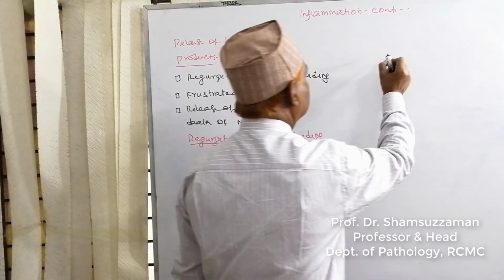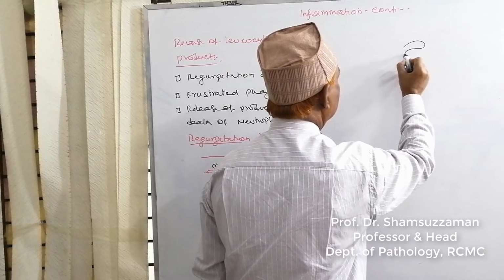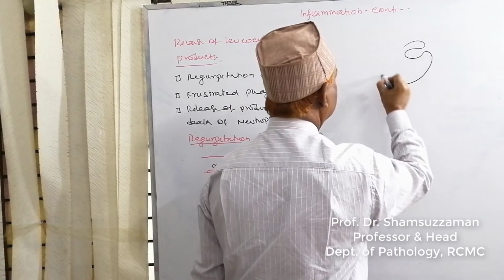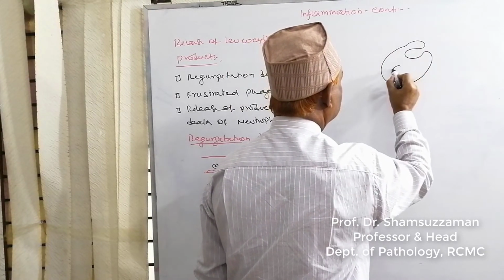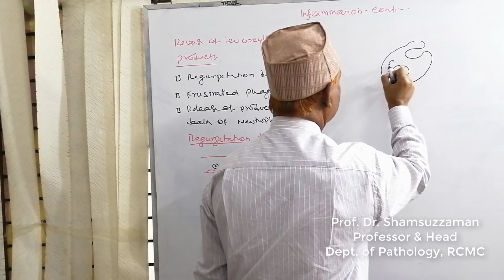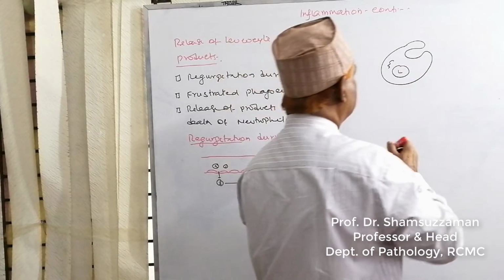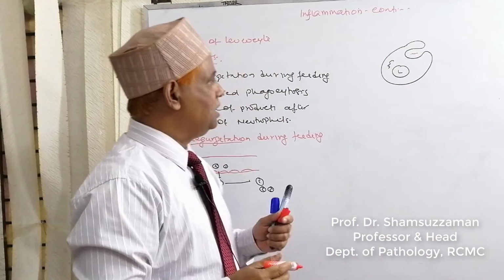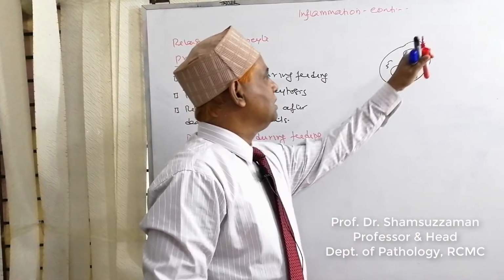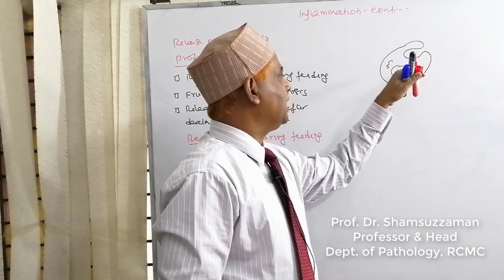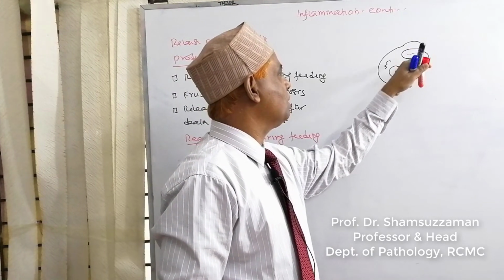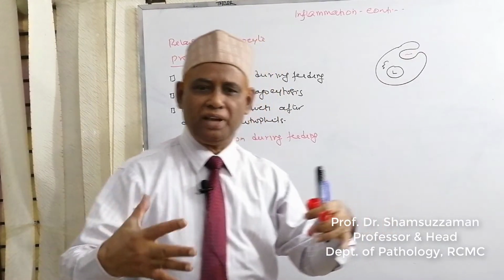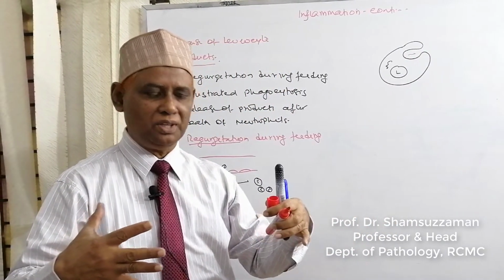We know this is the pseudopodia made by phagocytic cell, and this is the lysosomal bag, and this is the nucleus, and this is the bacteria to be phagocytosed. This is the phagosome, and after fusion of the lysosomal bag with the phagosome, phagolysosome is formed.